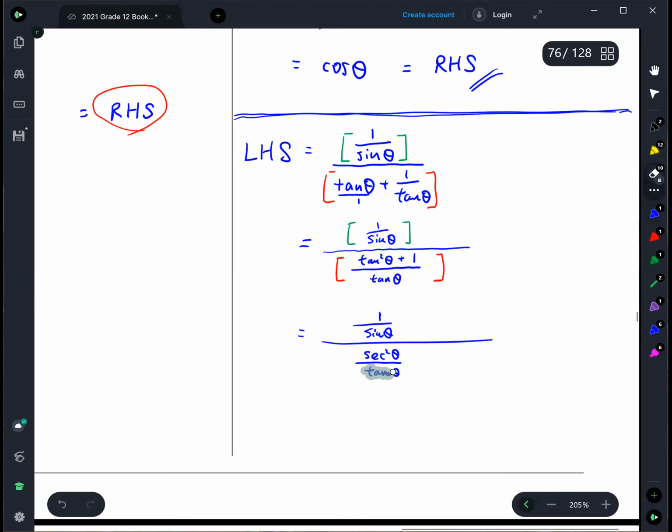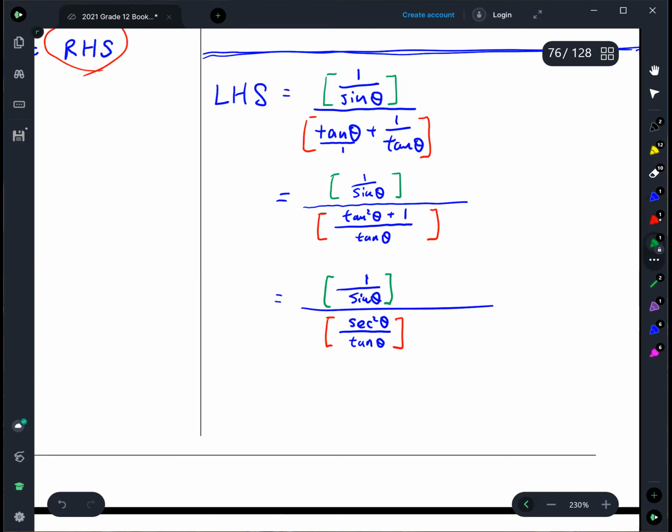So that's the red part. That's the green part. Still stay there. Okay, and then what? What do we do now?